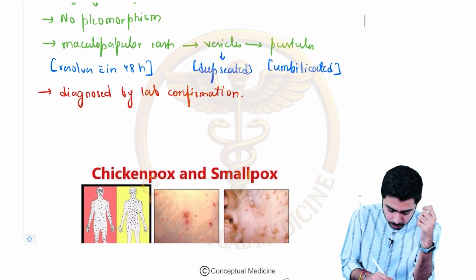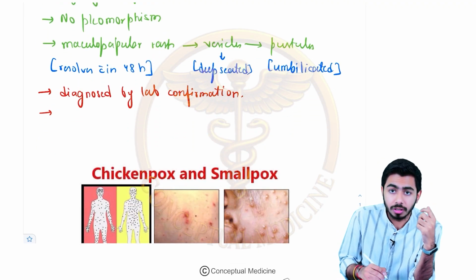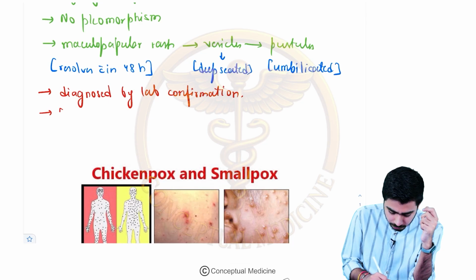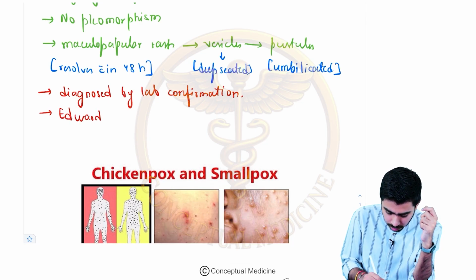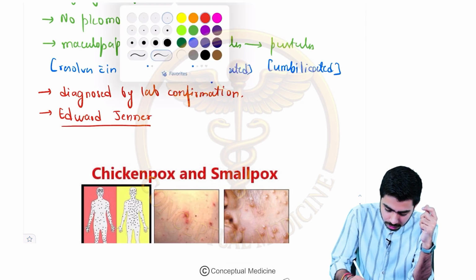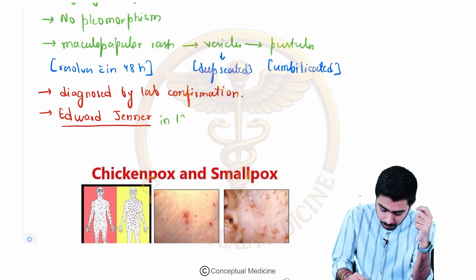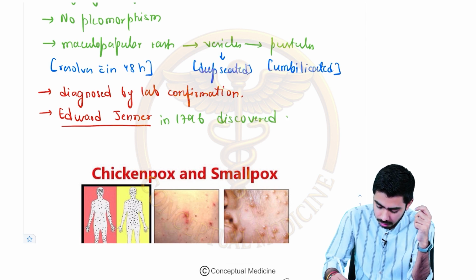Who discovered the smallpox vaccine? Edward Jenner, in 1796. At that point of time he discovered the smallpox vaccine, guys, so thanks to him.